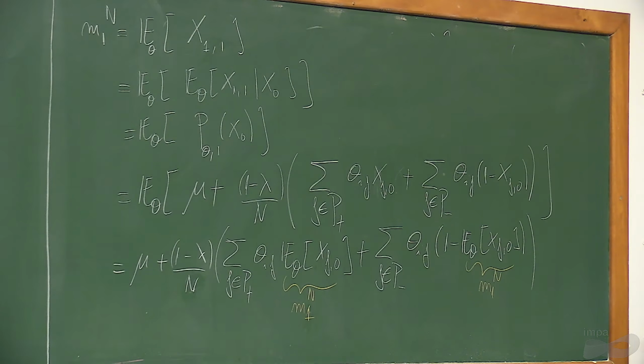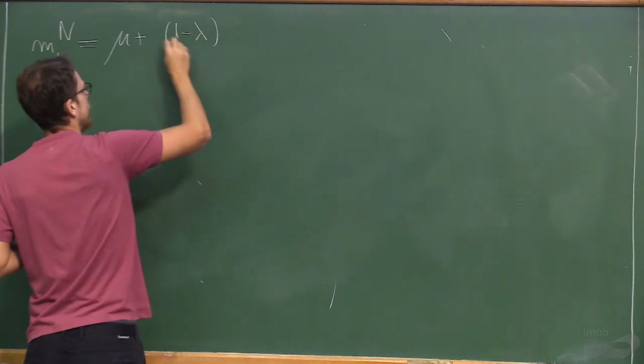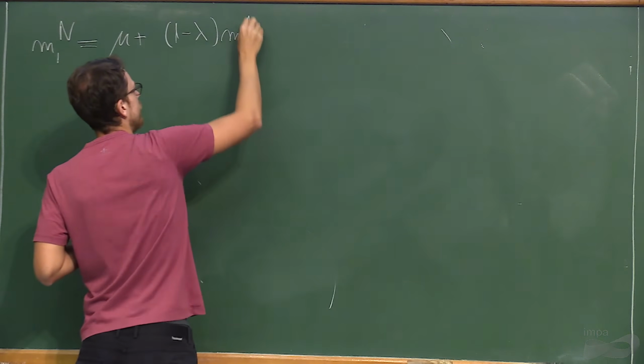So if I combine all these together, I get m1 of n equals mu plus 1 minus lambda times m1 of n.